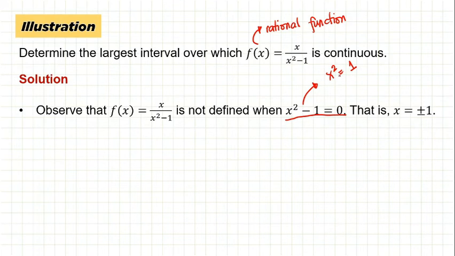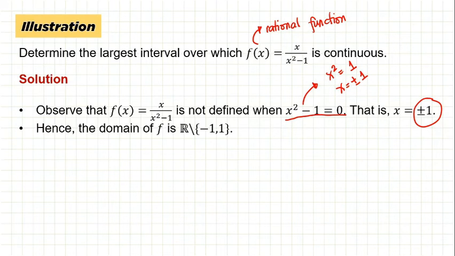Now, taking the square root of both sides, we will have x equal to plus minus 1. That's why we have here x is equal to plus minus 1. Therefore, plus minus 1 is not included in the domain of the function.